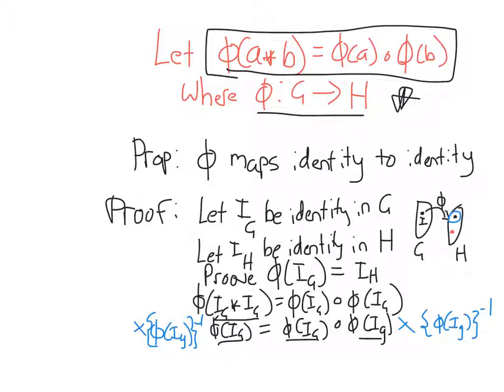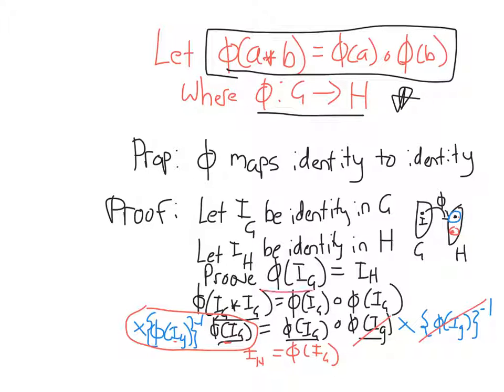Of course, inverses cancel each other out. So these will cancel each other out, and the element multiplied by its inverse in H will give you the identity in H. So I have IH, the identity in H, on the left-hand side, is equal to phi of IG. And that is what I wanted to show.